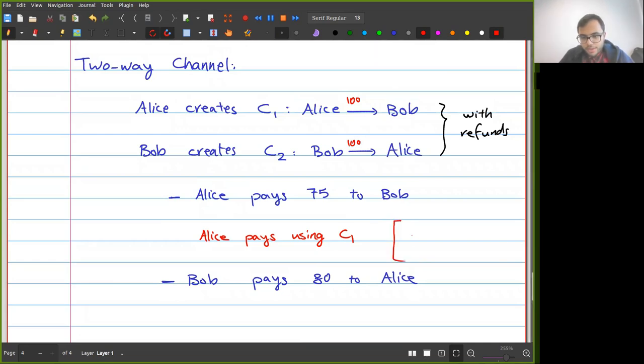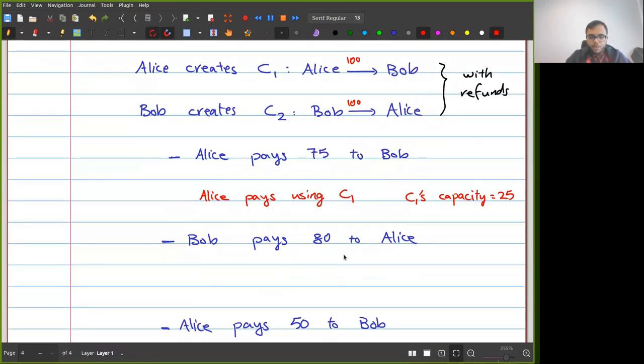C1's capacity is now only 25. Okay, because Alice has paid 75 units in C1 to Bob, and the original capacity was 100. So now I have a capacity of 25 in C1.